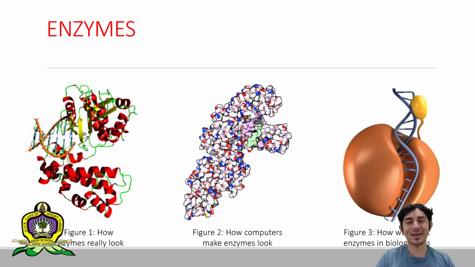When we speak about enzymes, this is how enzymes would normally look. If you notice, it looks like coils of wire and ribbon bonded together. After the computer has processed the three-dimensional image of an enzyme, this is how it would look.